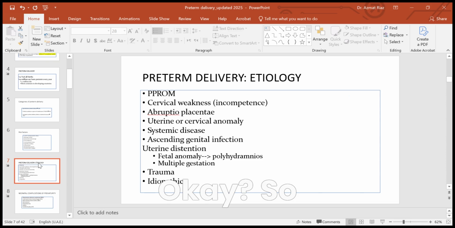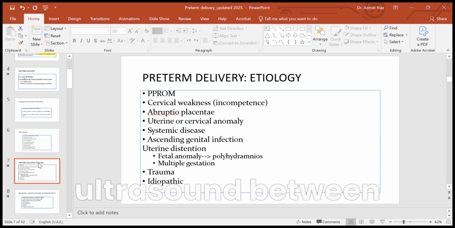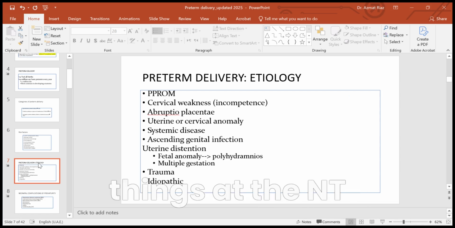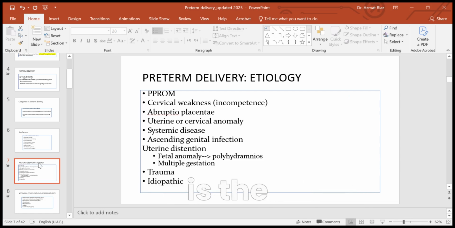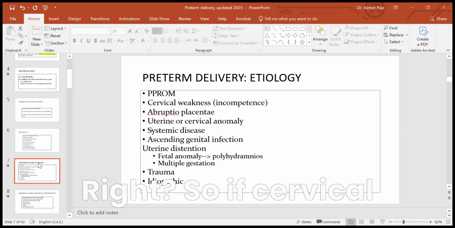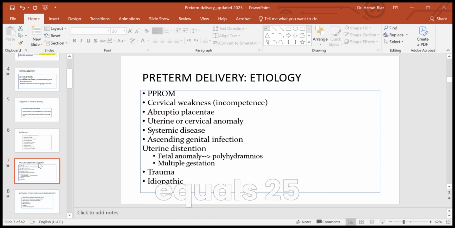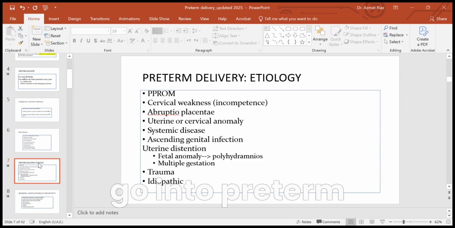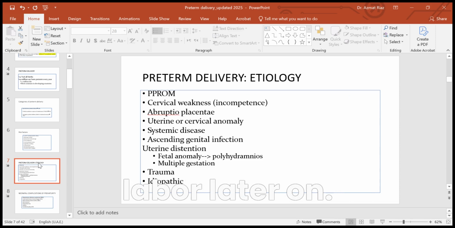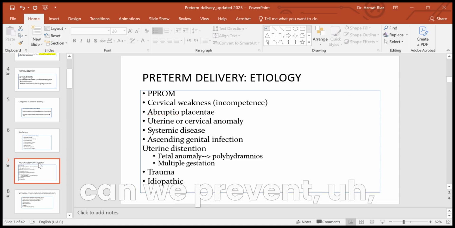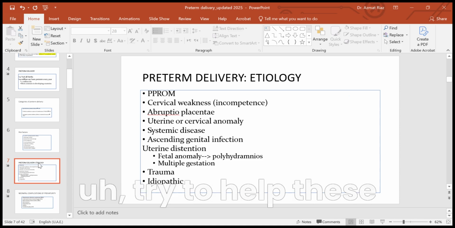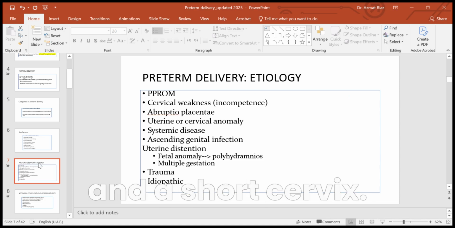Remember that at the nuchal translucency scan on the ultrasound between 11 to 14 weeks, one of the things we see is the cervical length. If the cervical length at that stage is less than 2.5 centimeters, which equals 25 millimeters, women are more likely to go into preterm labor. We will discuss later how we can prevent this and help women who have cervical weakness and a short cervix.